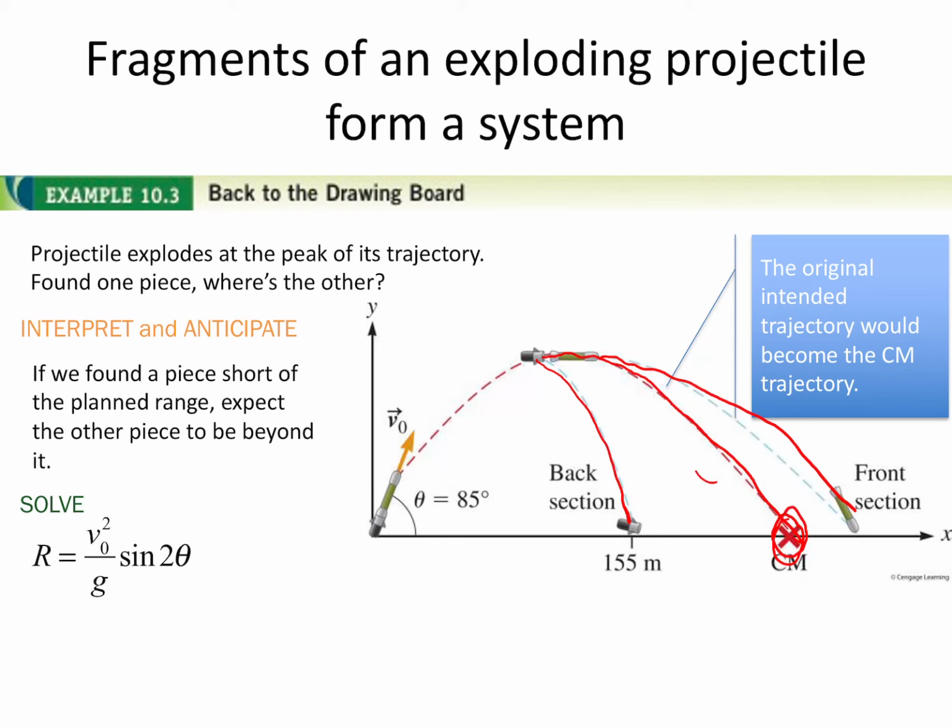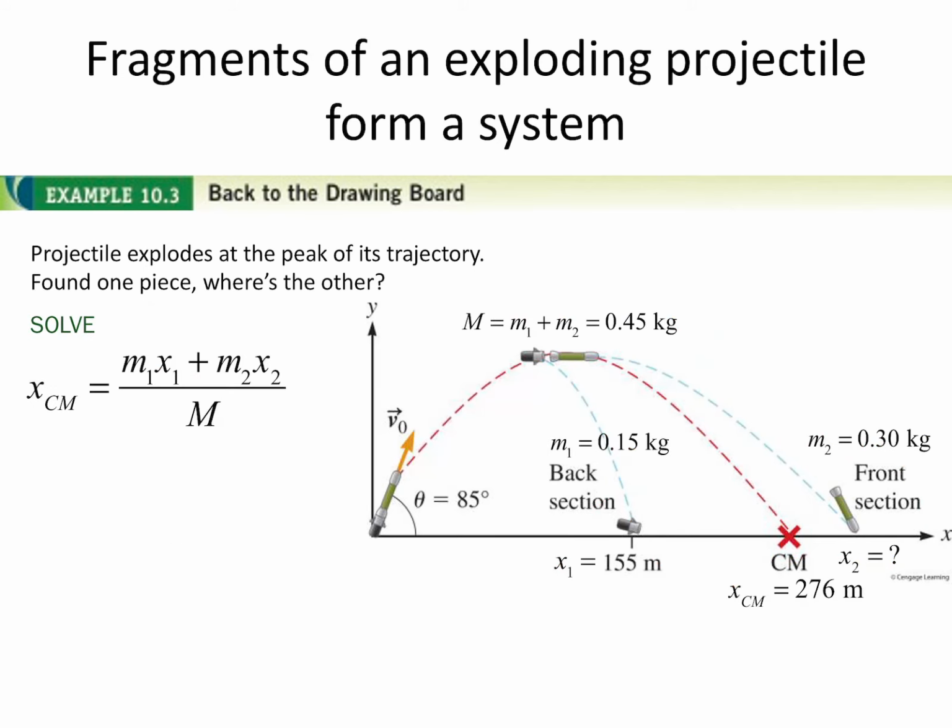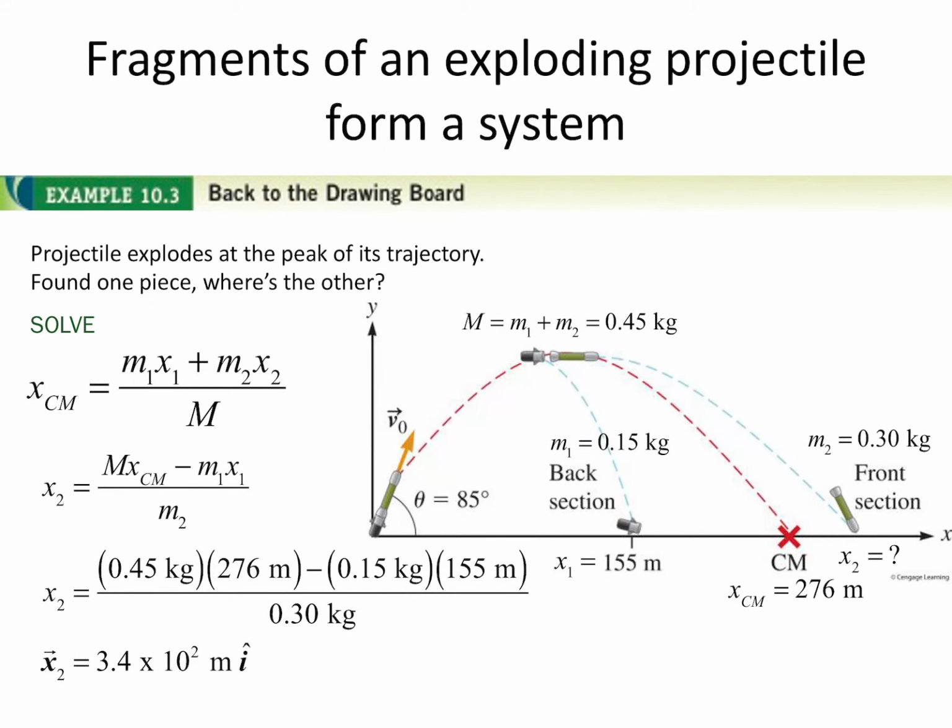So you can predict where the center of mass of the system would be even if it explodes. Now, which means if you find this piece, you know the center of mass location, you can calculate where the other piece should be. So you use the formula for the center of mass coordinate to find out the location of this piece.